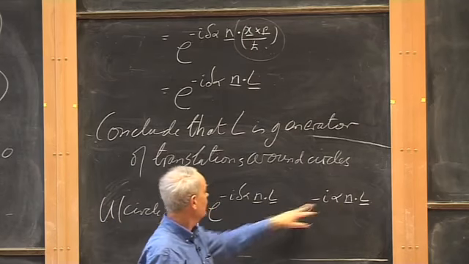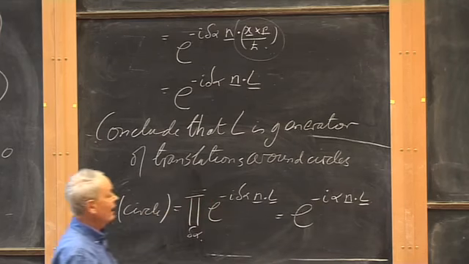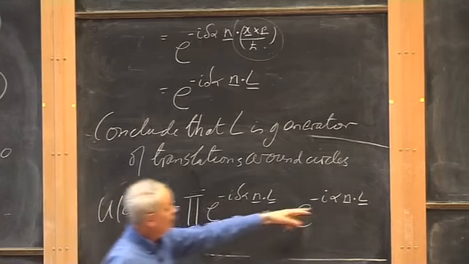It always had n dot L as the operator, and the sum of the delta alphas we're going to call alpha.